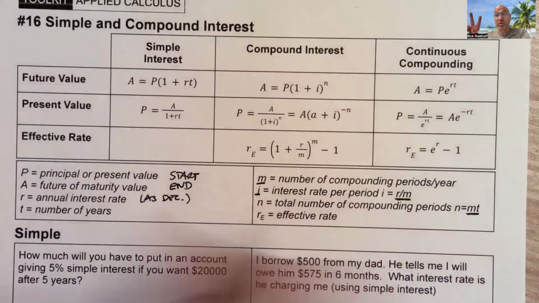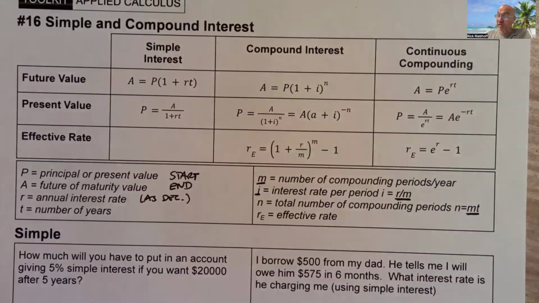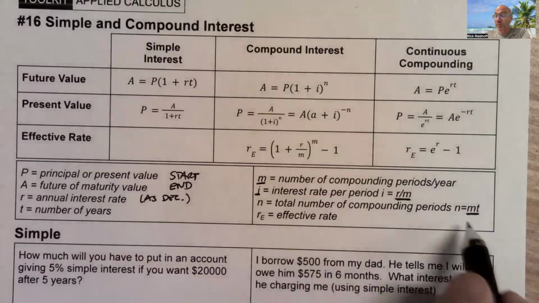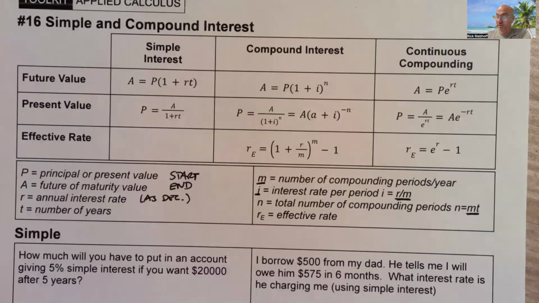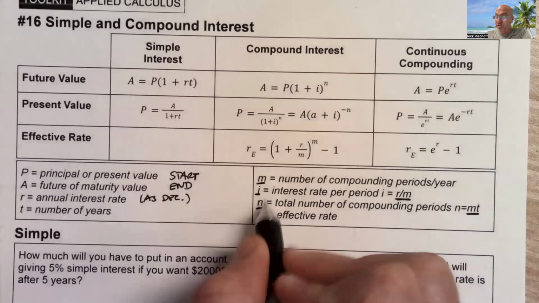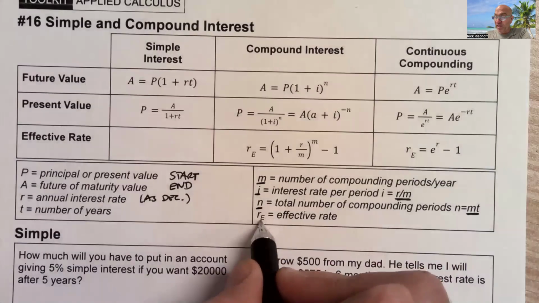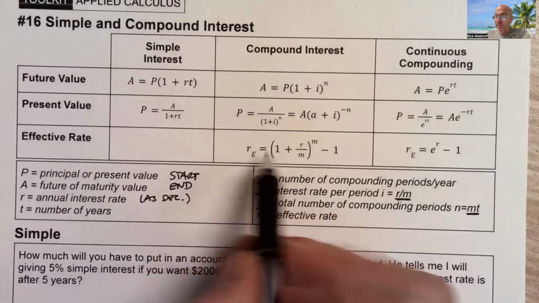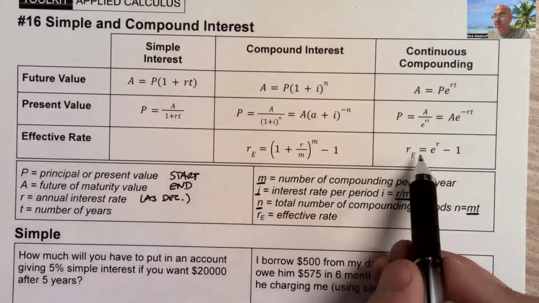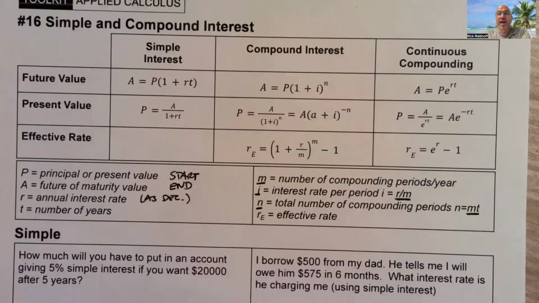So if you're compounding twice a year for 10 years, 2 times 10 is 20. You would be compounding 20 total times. Okay, so these are a little different. R sub E is the effective rate, and we see that in the formulas. This is the annual percentage rate that I'm effectively getting because of the compounding helping it out.